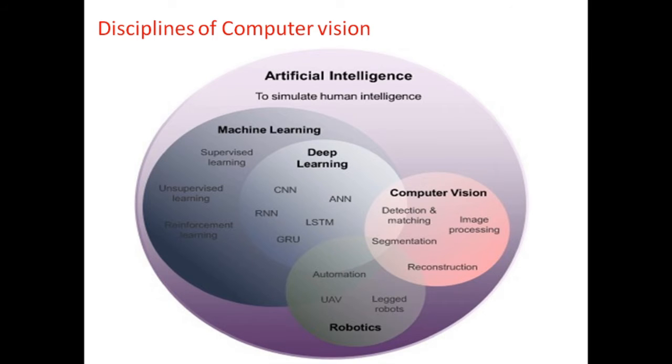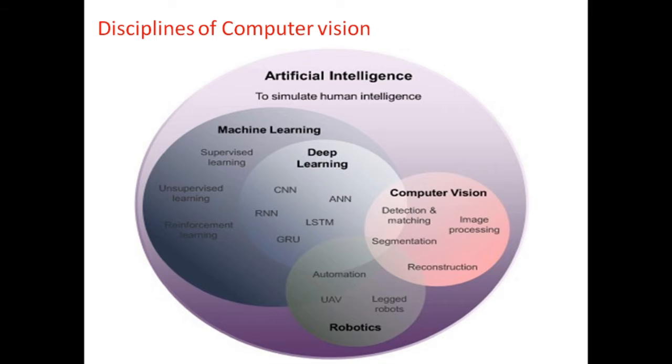Now, we know that artificial intelligence is mimicking human intelligence. That means artificial intelligence acts to simulate human intelligence.